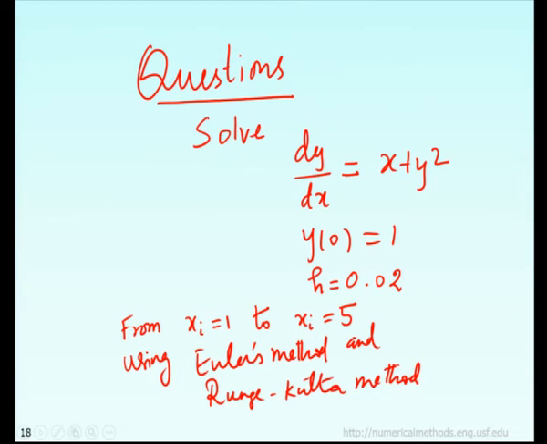So, the students can write a code. Basically the algorithm is very simple. Knowing the approximate solution value at the previous time level x_i and the right hand side function, you compute y_{i+1}, the approximate solution at the current time level, and this is continued till we reach the maximum time value or the number of iterations.